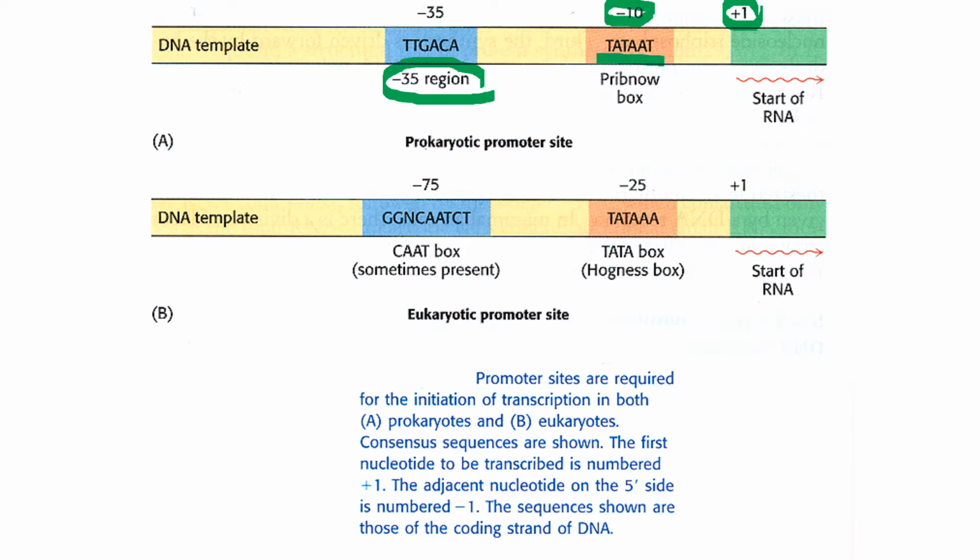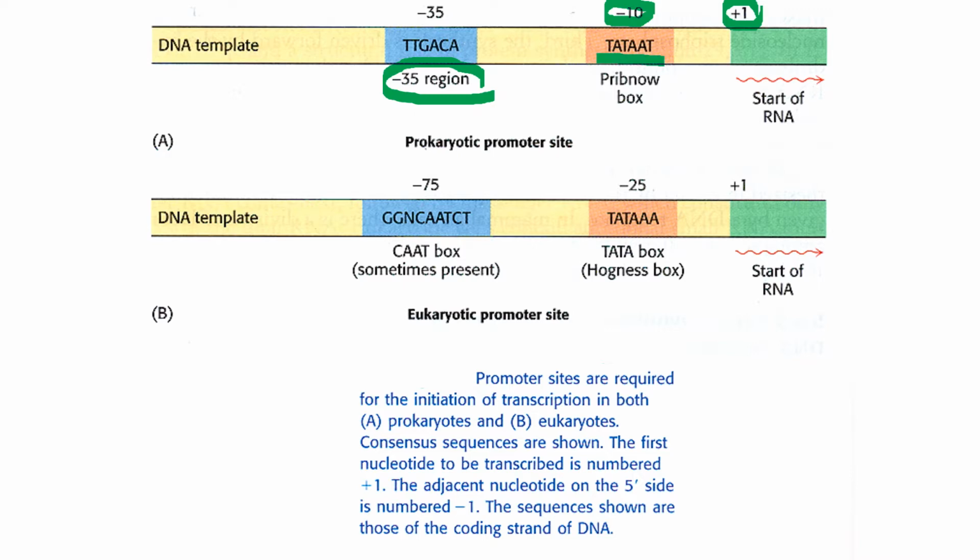The -35 and -10 sites of strong promoters have sequences that correspond most closely to the consensus sequence, whereas the weak promoters tend to have multiple substitutions at these sites. Also, the distance between these two consensus sites is very important, and their separation has an optimal number of nucleotides, which I think is around 17.